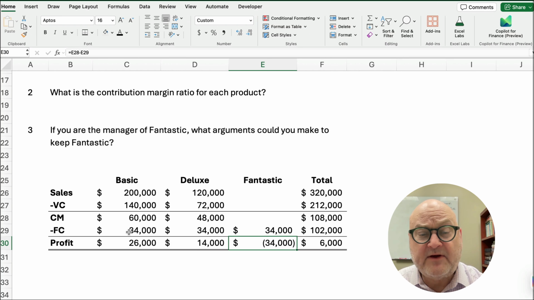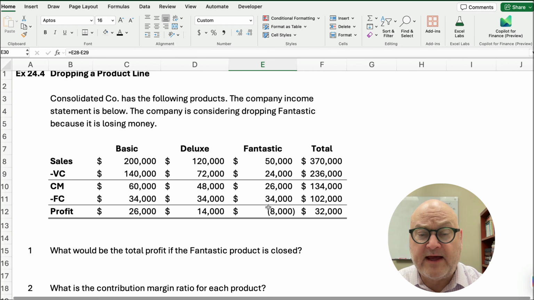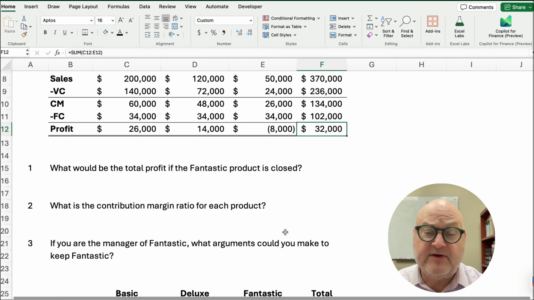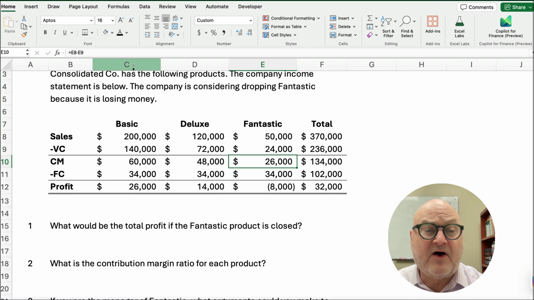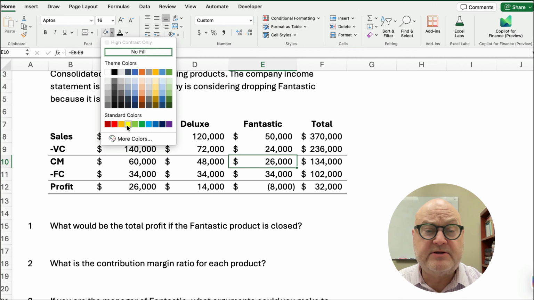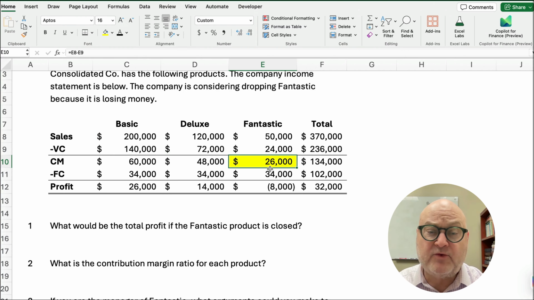So what happens is we only get 26,014, but we're losing essentially fantastic's profit of 34,000. Now, here is the number we want to look at. What's the difference between the 32 and the 6? The 32 and the 6 is all explained by the positive contribution margin of fantastic of 26,000.